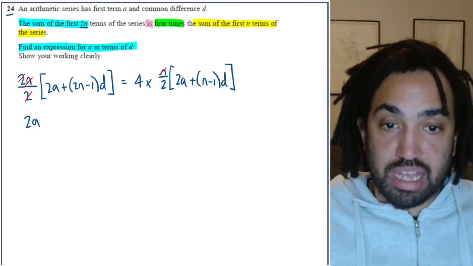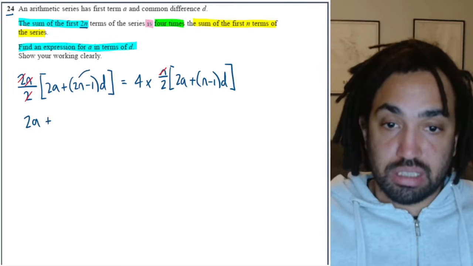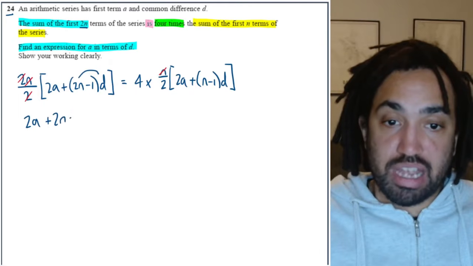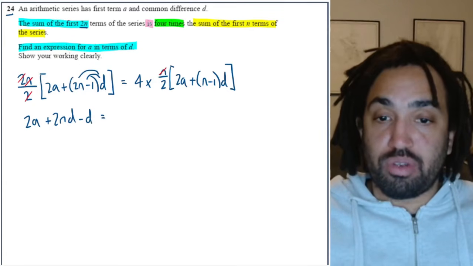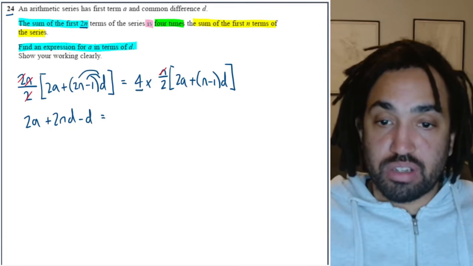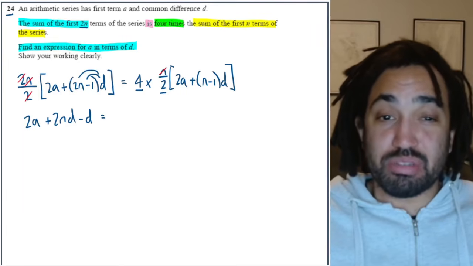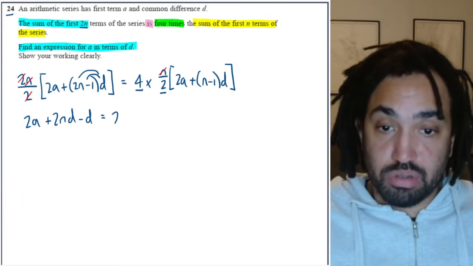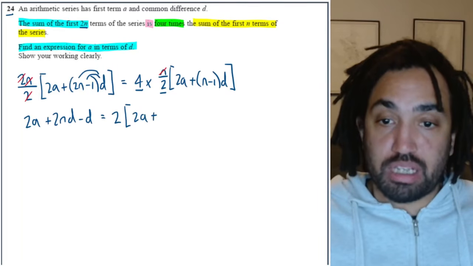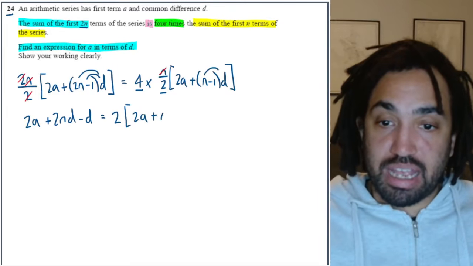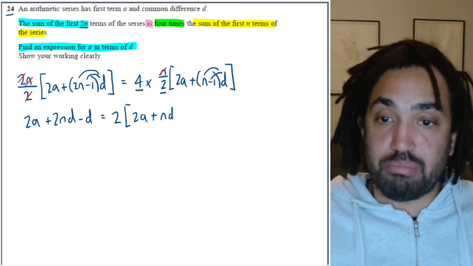So we get 2a plus, that times that gives me 2nd, and then minus 1 times d gives me minus d. And what have we got here? We've got 4, and then we're dividing by 2. So it's the same as timesing by 2. So 2 lots of 2a plus, multiply out this little bracket, we get nd, and we get minus d.